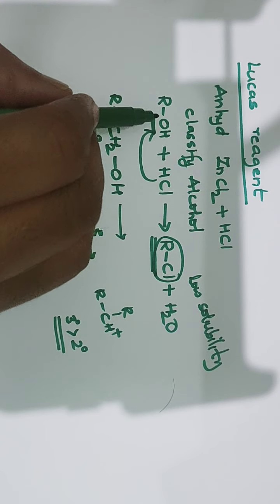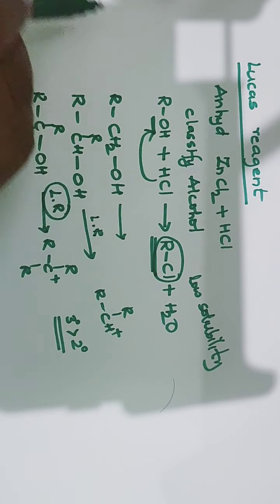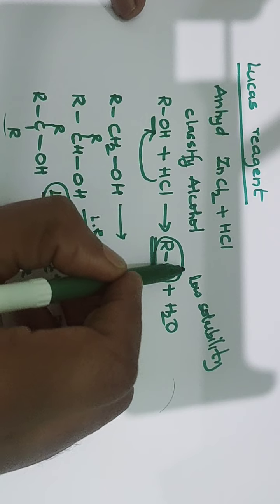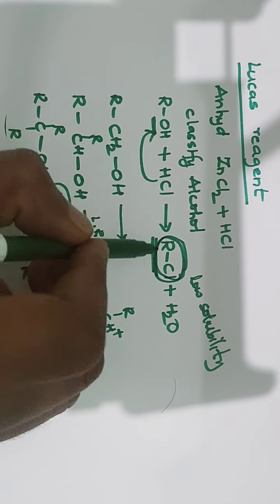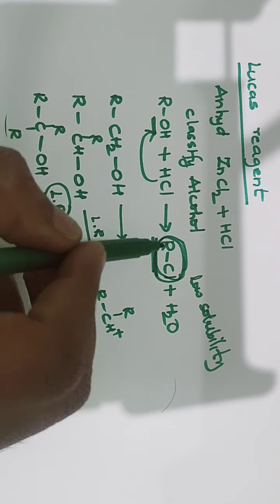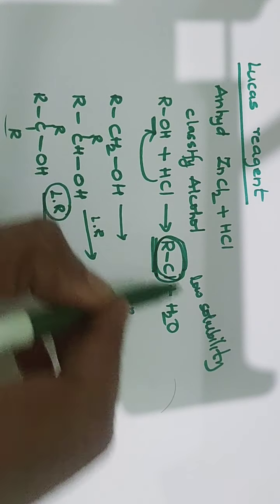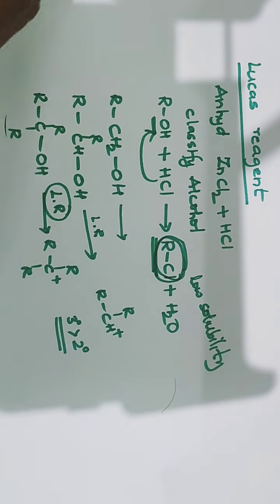Alcohols when treated with HCl react to form alkyl halides. Alkyl halides have low solubility, hence as soon as the reaction takes place, a turbidity or an oily layer appears. This is the visible change that occurs.